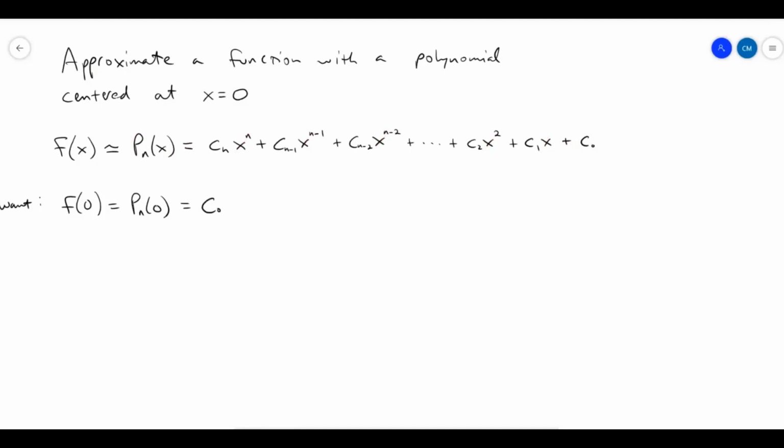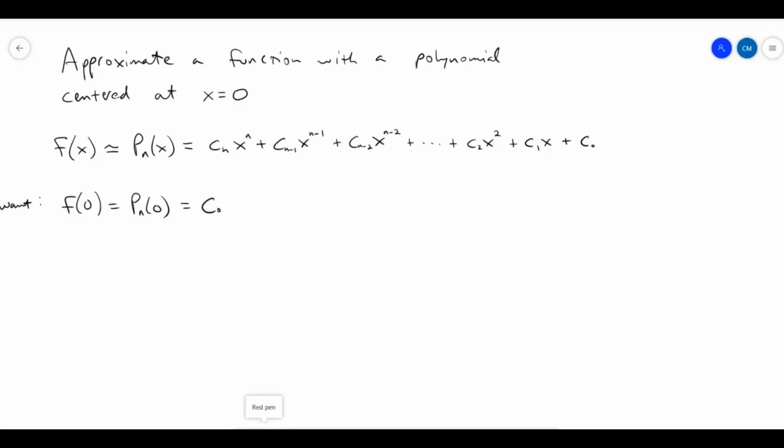The first coefficient for this approximating polynomial should be whatever you get when you plug in 0 to the function. Okay, so like if this was the sine function, for example, if I plug in 0 to the sine function, what do I get? I get 0, right? And so that's telling me that my first coefficient should be 0. If it was a cosine function, then I plug in 0, I should get 1, so the first coefficient should be 1. Whatever I get when I plug in 0 should be the first coefficient, the c naught coefficient.